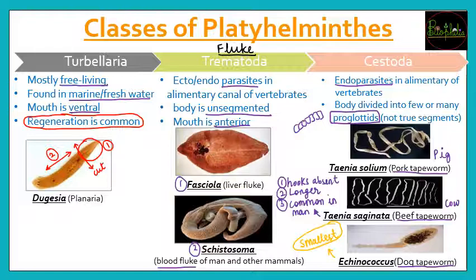So यहाँ पे हमने इतने सारे examples देखे about Platyhelminthes, that is Dugesia planaria, which is going to be a very important and favorite example with reference to NCERT. फिर और एक example आता है, that is Fasciola, that is liver fluke, and the Taenia solium. These 3 are going to be the important examples with reference to NCERT.